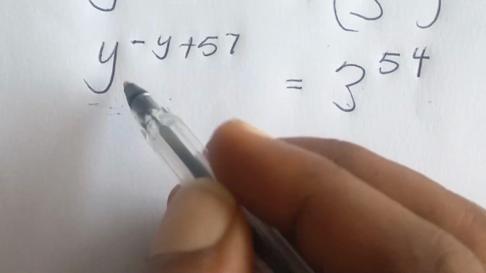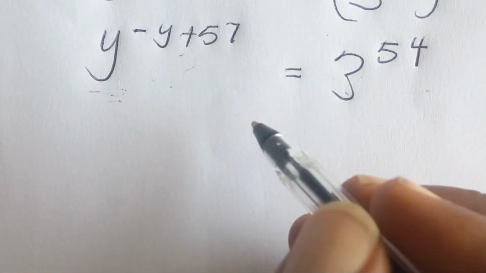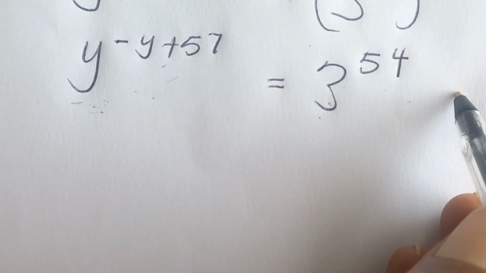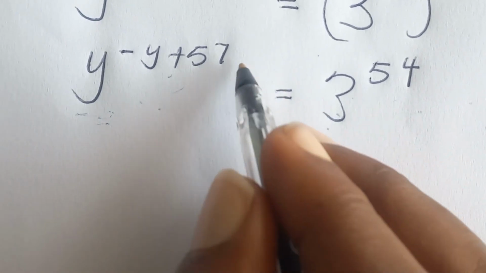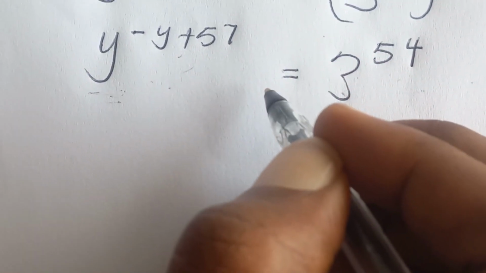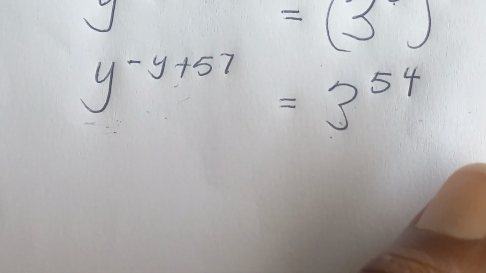We have to let the left hand side look the same as the right hand side. So we have to subtract 57 from both exponents.